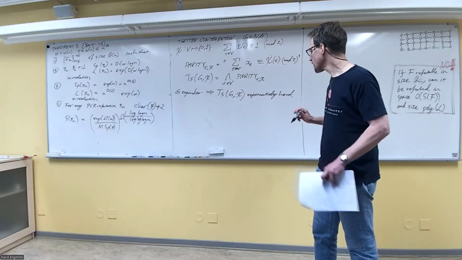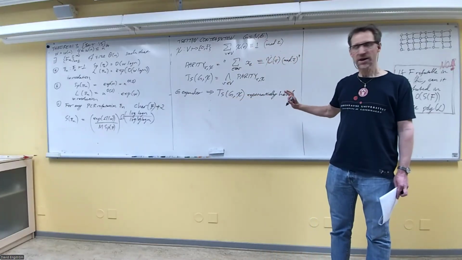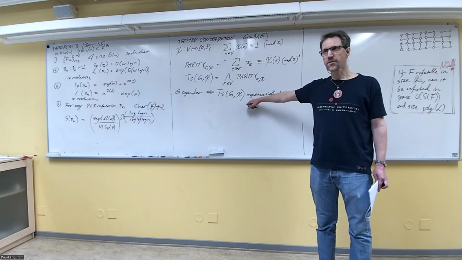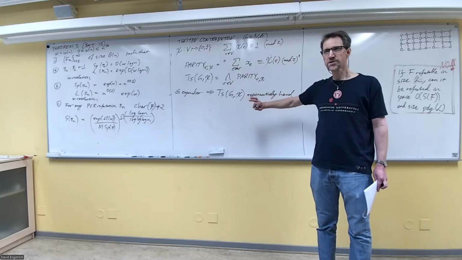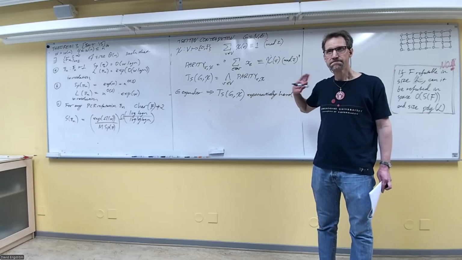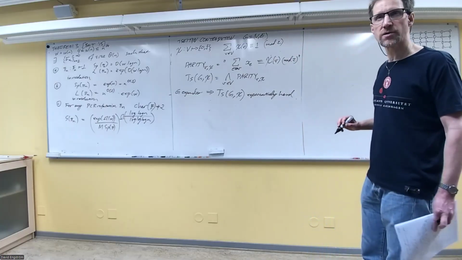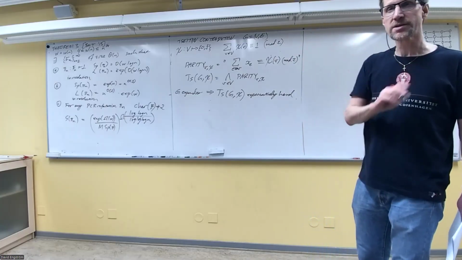Okay, this is great, but not so great for us because we want trade-offs. We're not going to get any trade-offs from expanders. They're just hard, period. So we need to think a little bit about how we're going to get Tseitin formulas that are not too hard.